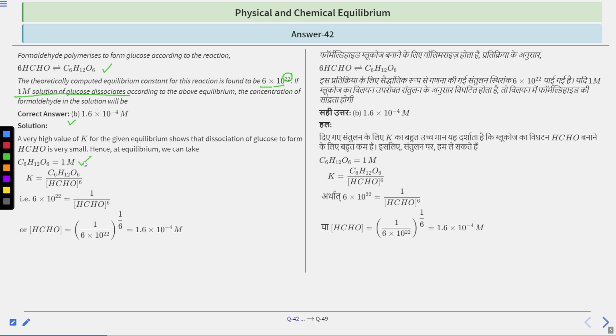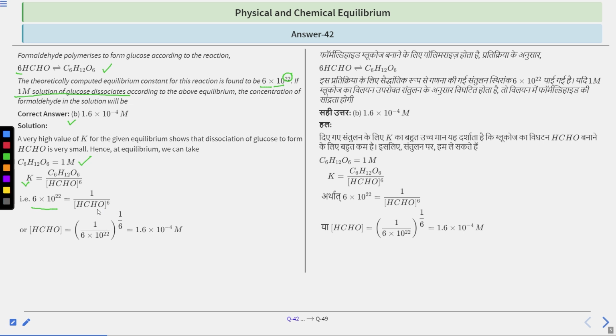K can be written as the concentration of C6H12O6 divided by the concentration of reactant HCHO to the power 6, because 6 is the stoichiometric coefficient of formaldehyde. So we have K value as 6 into 10 to the power 22 equals C6H12O6, which is 1, divided by HCHO to the whole power 6.